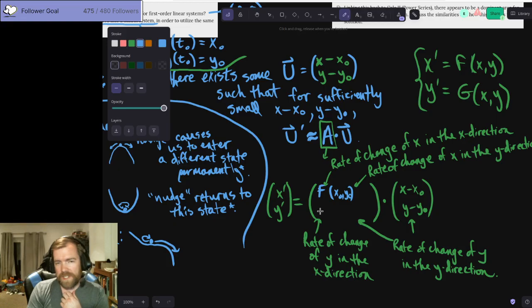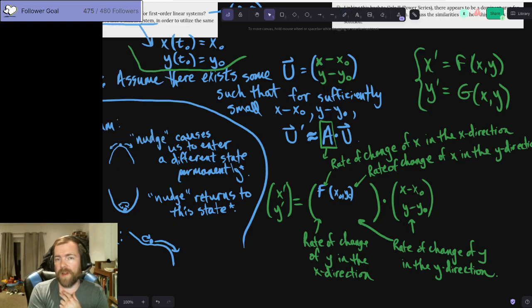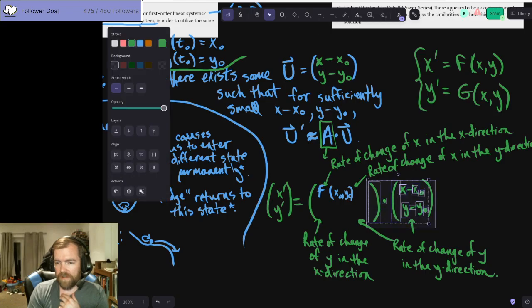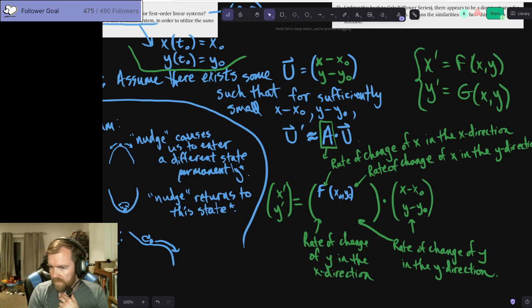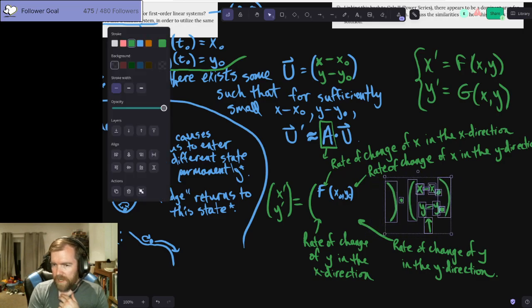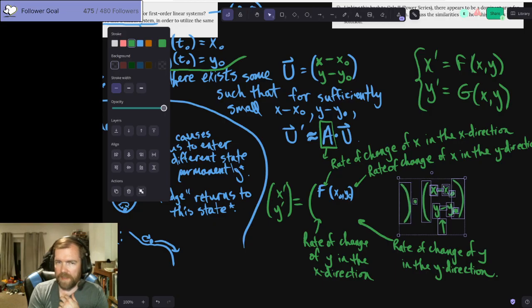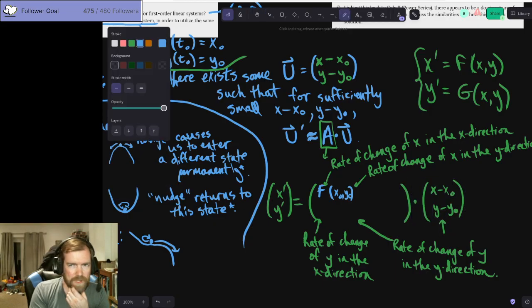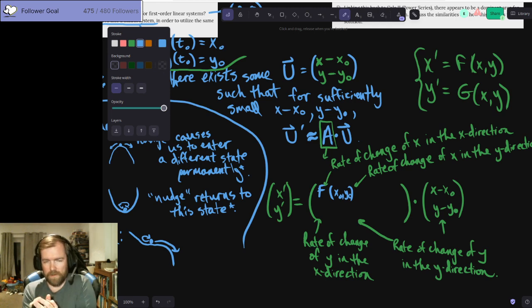So, Rex, we're approximating a nonlinear system using linear operations. So even though it's not actually a linear system, we're saying, hey, if we're doing this over a sufficiently small area, it will look linear. It will be ever so slightly off, but it's going to be close enough.